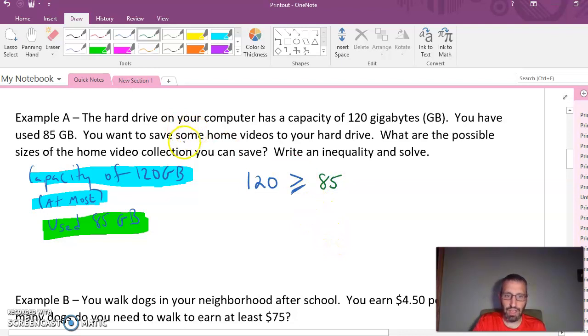And because we want to save some of our home videos here, I think we're looking to add to the amount of gigabytes that we're using on our computer here. So I'm going to add a variable x, and I'm going to let x be the remaining gigabytes of space.